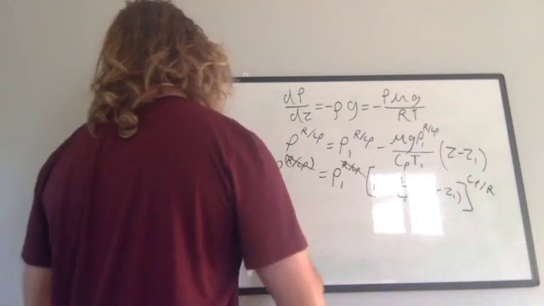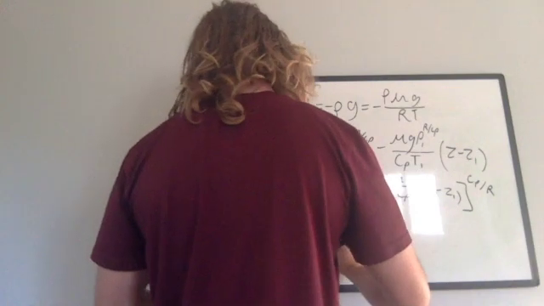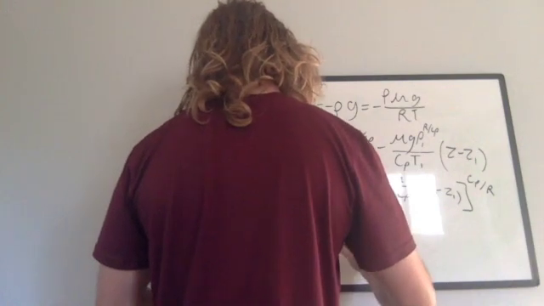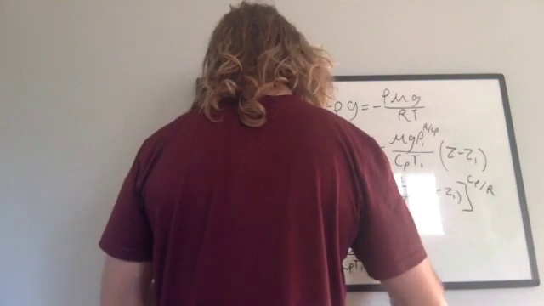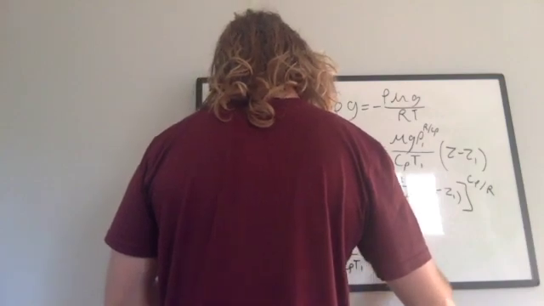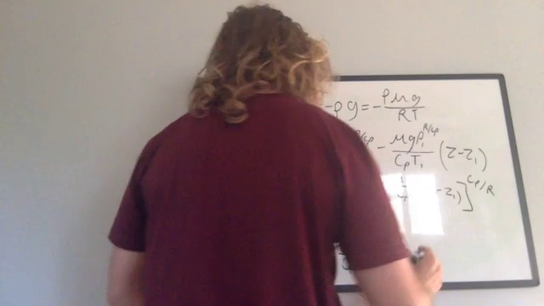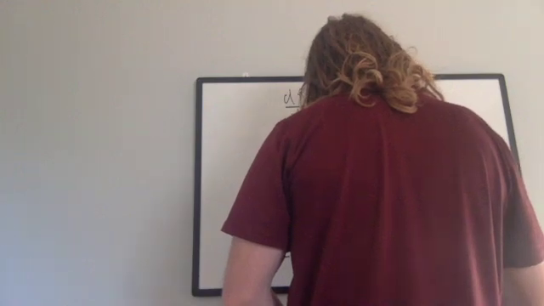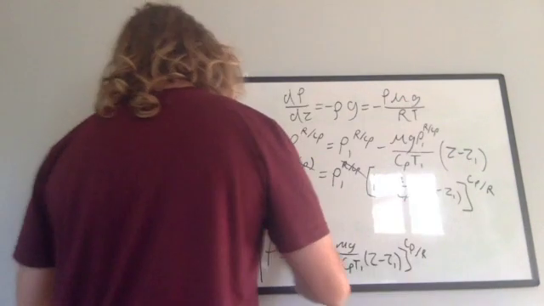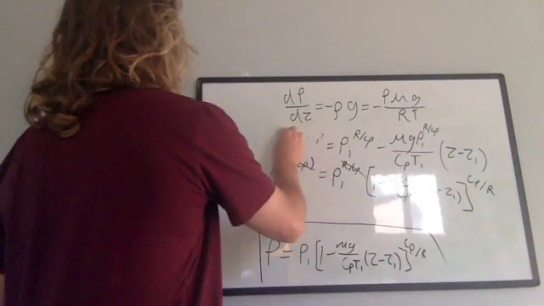We'll go ahead and write that out down here. P1, 1 minus mu G over Cp T1. There you go. That is going to be our expression for the pressure as it changes with altitude.